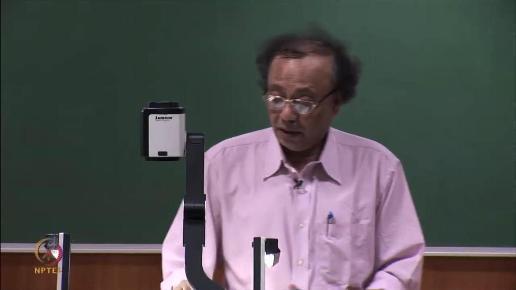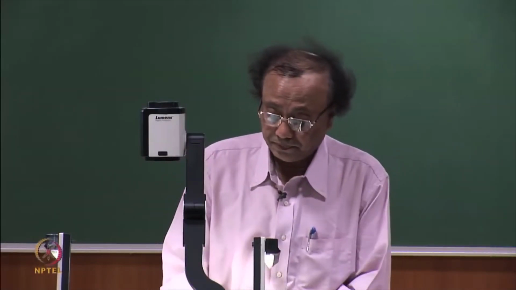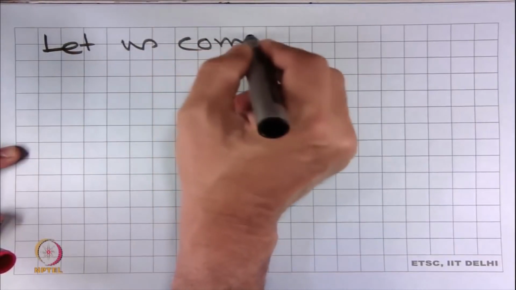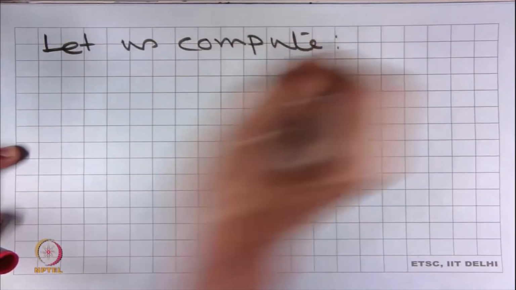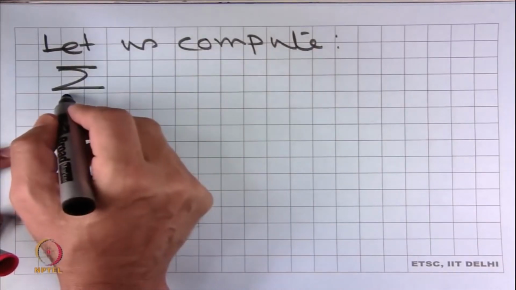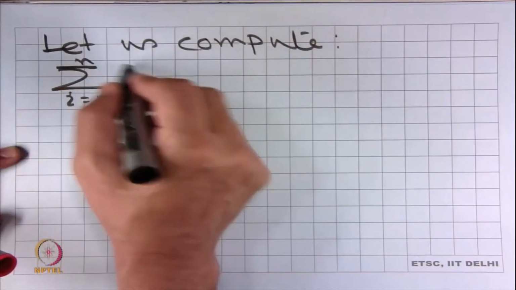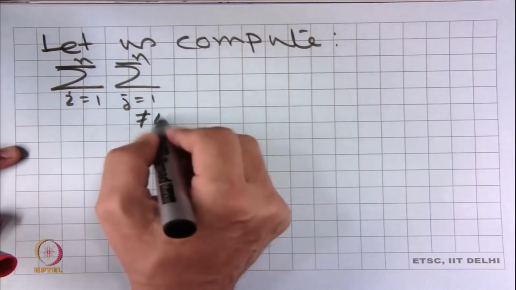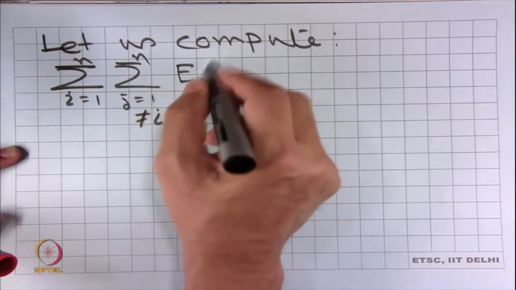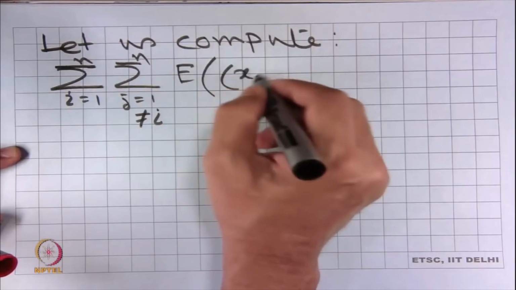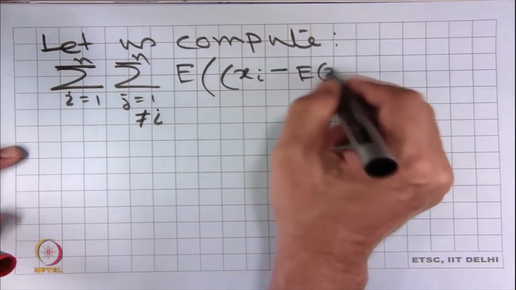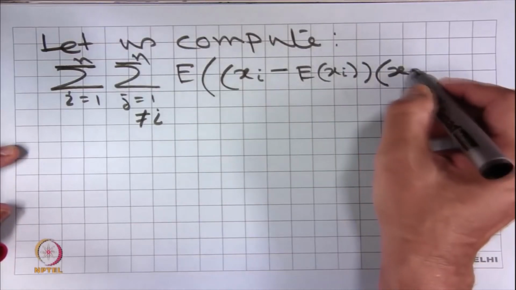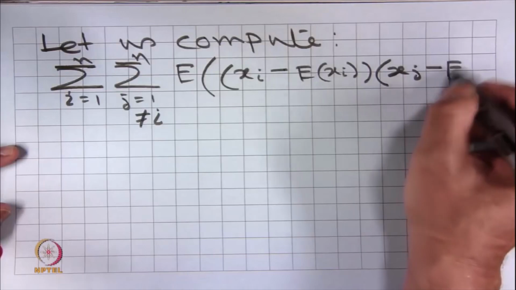Therefore, now our target is to compute sigma over i is equal to 1 to n, sigma over j is equal to 1 to n, j not equal to i, expected value of x i minus expected value of x i into x j minus expected value of x j.